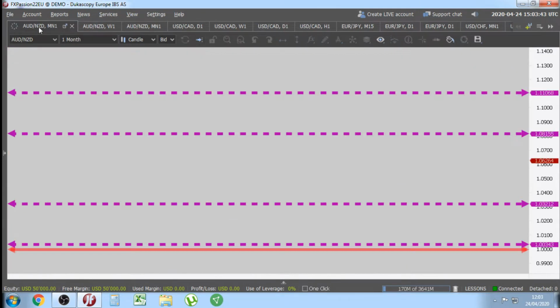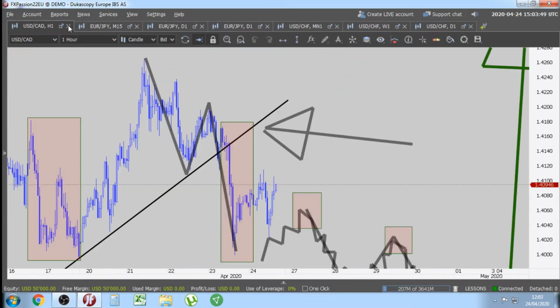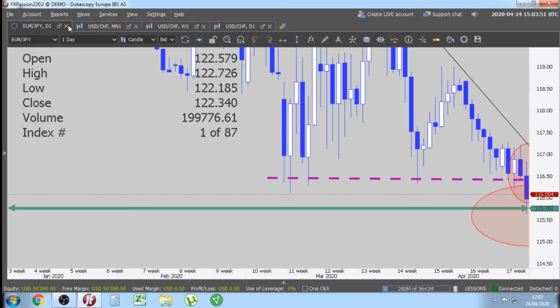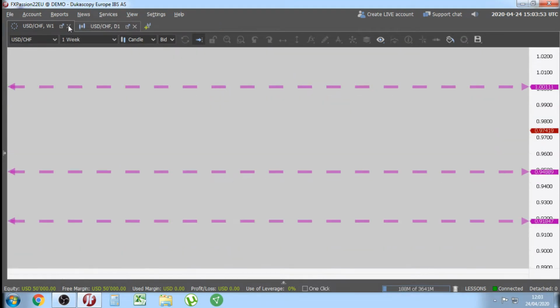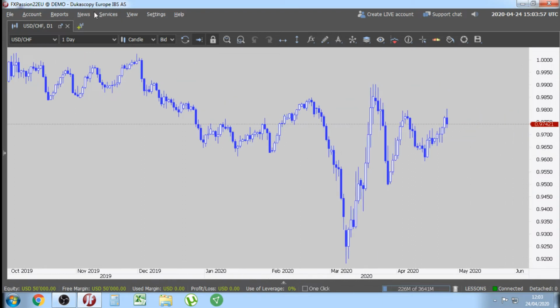Okay, so I'm going to delete most of the AUD NZD. We addressed USD CAD yesterday, we addressed Euro JPY yesterday, we addressed USD CHF yesterday. Okay, does anybody have some other currency pair? Great, I'm long on Euro New Zealand on the 2 hour because of the sideways movement from the 8th of April.